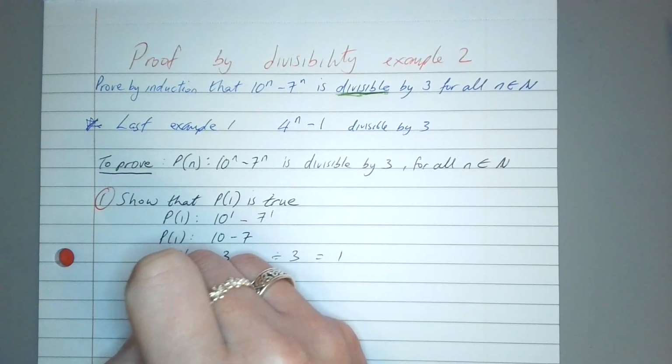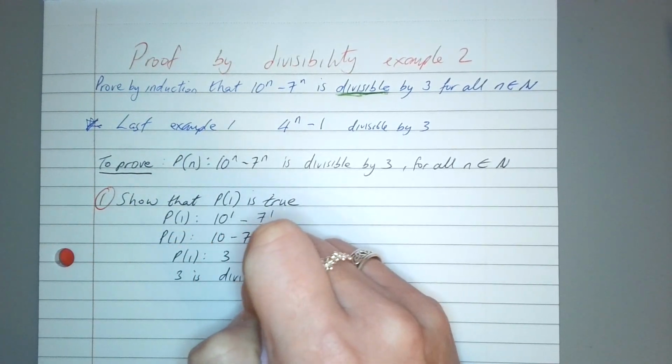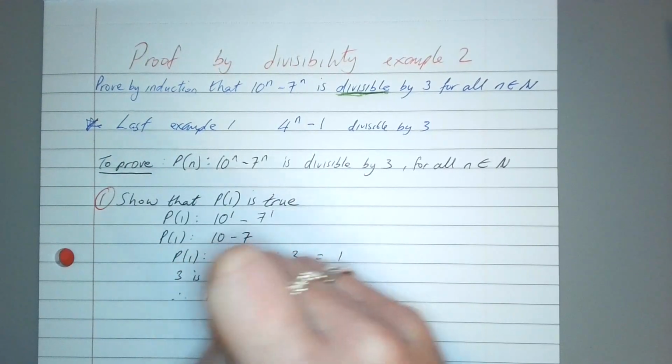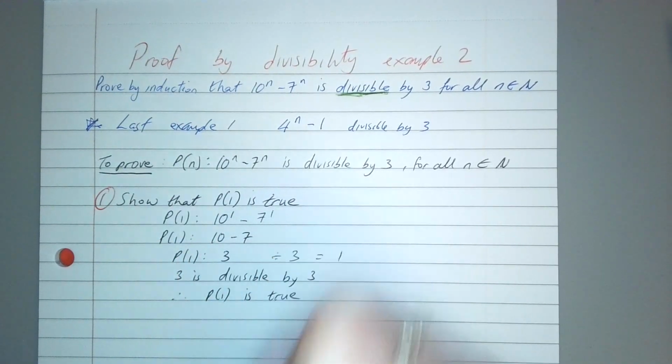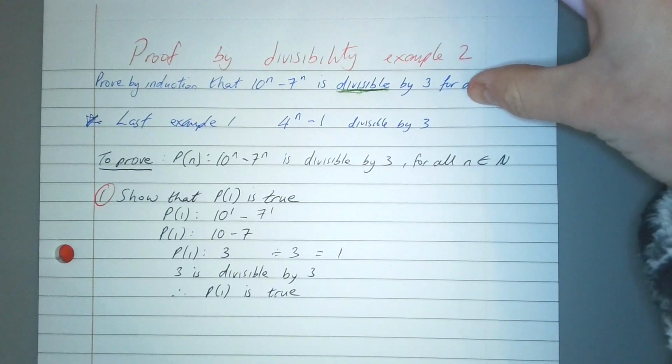So 3 is divisible by 3, so therefore proposition of 1 is true. So that's our first part done.